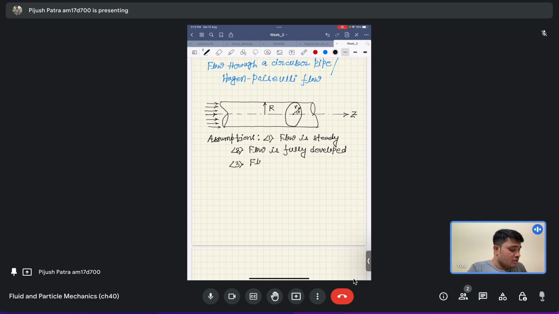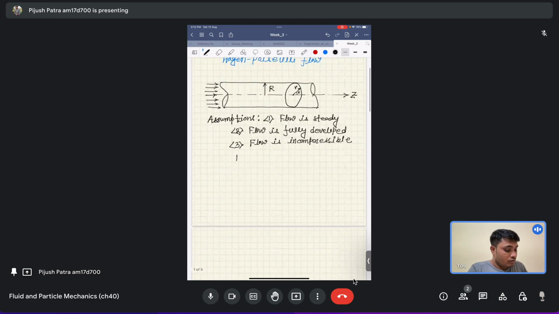Number three is that flow is incompressible, that means the divergence of the velocity is 0. Number four, flow is axisymmetric.